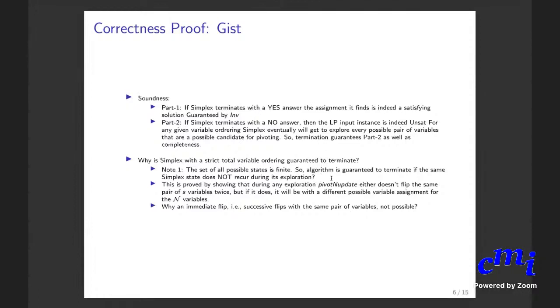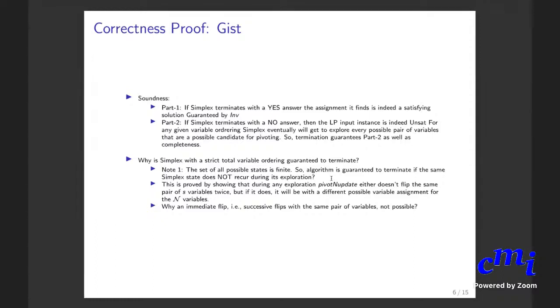Now that can be shown because, even if you revisit the same set of variables in the non-basic set, you can actually show that you will always be getting a different assignment. You will never get the same assignment.